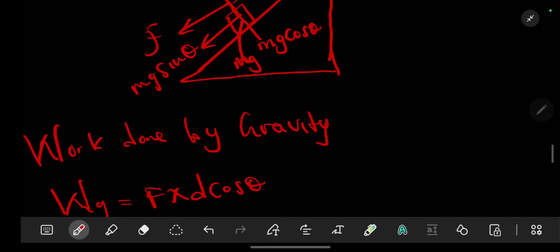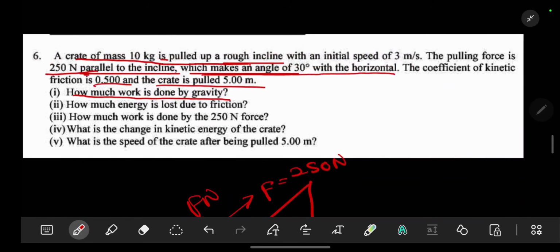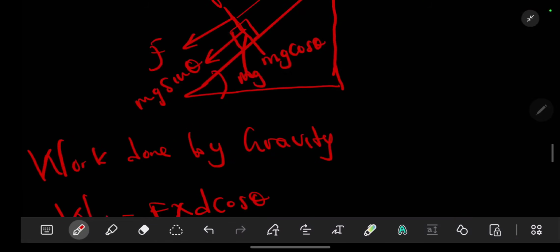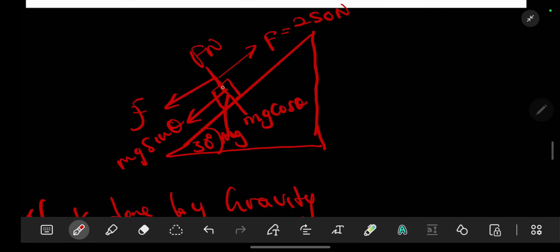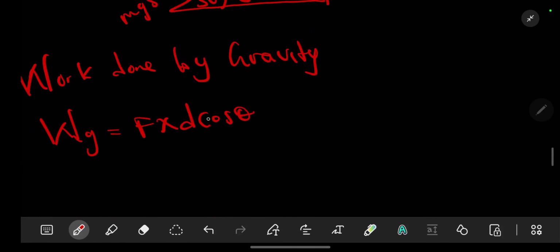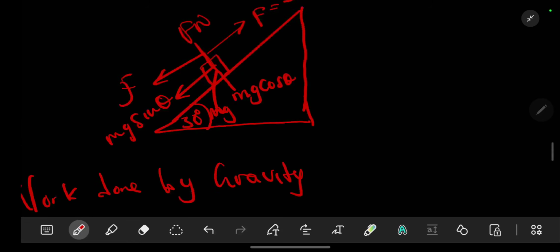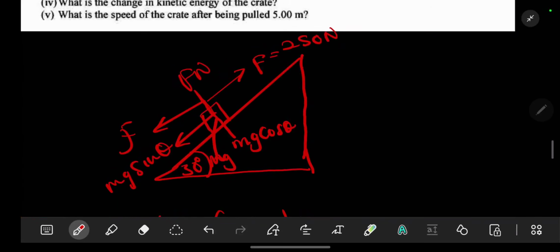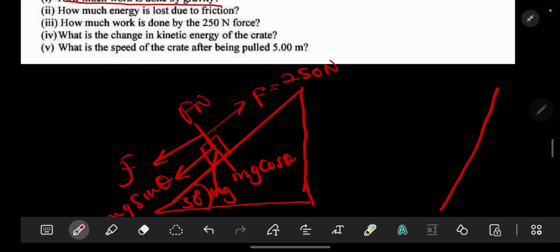This theta is not the 30 degrees angle here, but the angle between the force and the distance. Now remember, it is going up, and gravity pulls things down. So if anything is going up, the work shall be negative. Remember that knowledge that we learned in kinematics. So it shall be negative, like that.